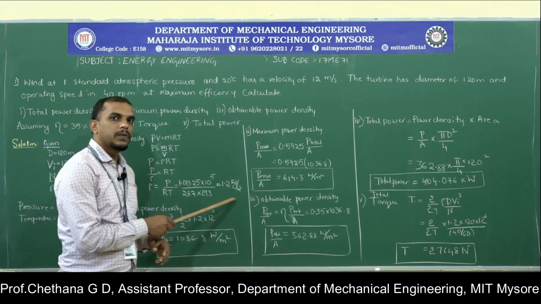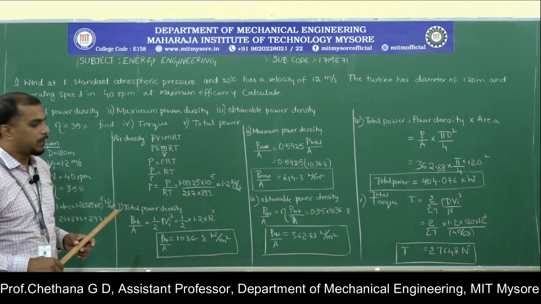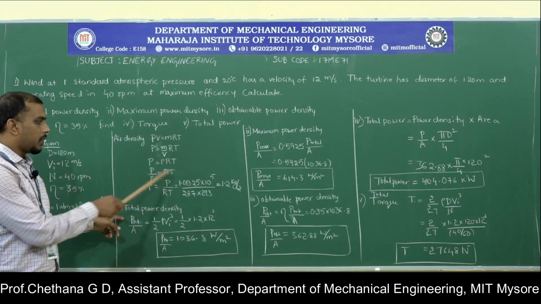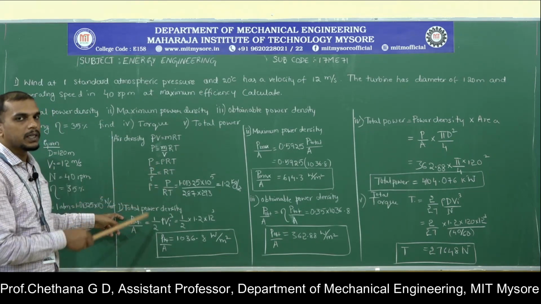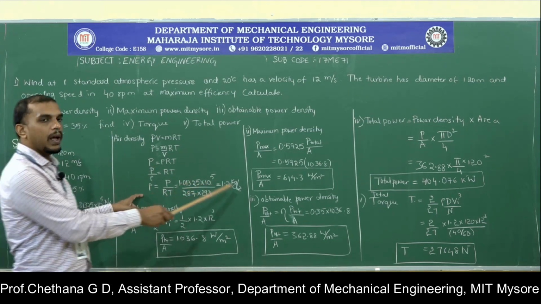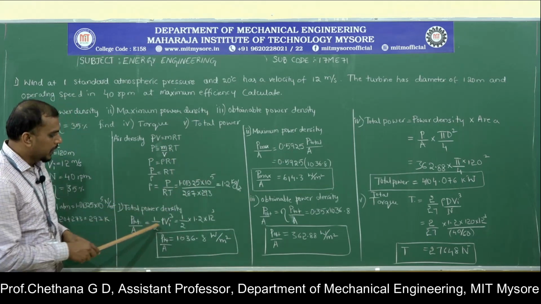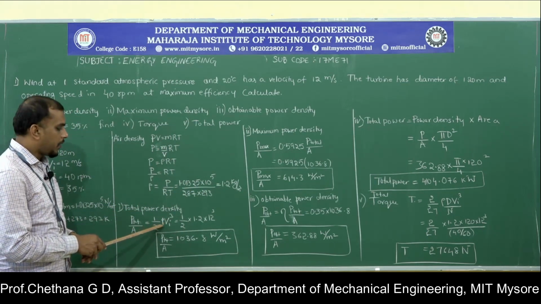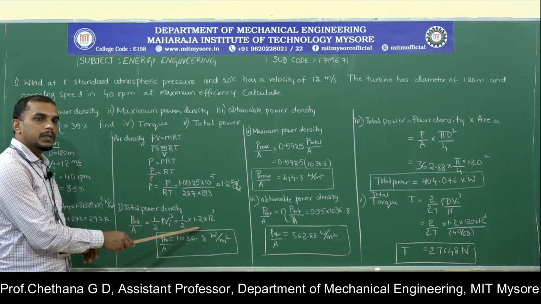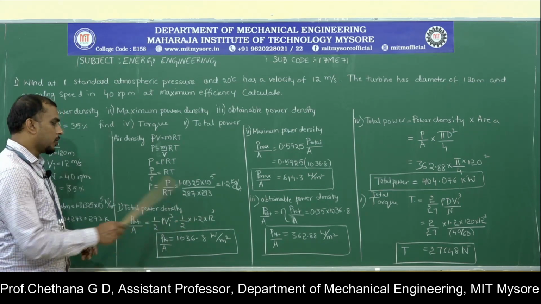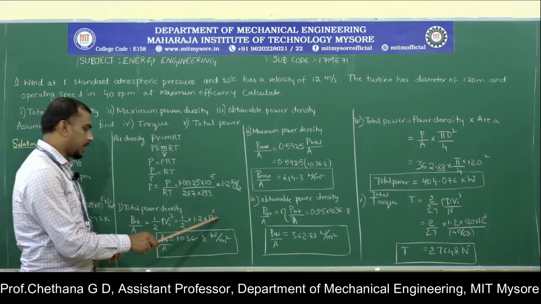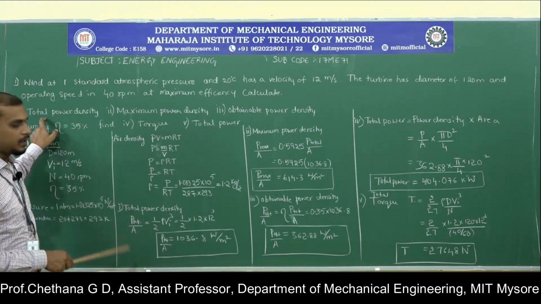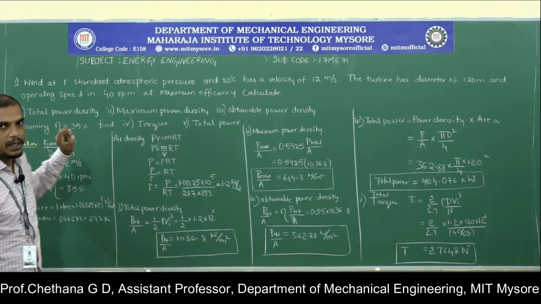We get the value of 1.2 kg per meter cube. Now come back here, we did this because we wanted the value of density. Substitute here half into 1.2 into Vi cube, that is 12 power 3. If you substitute this, this is the total power density.